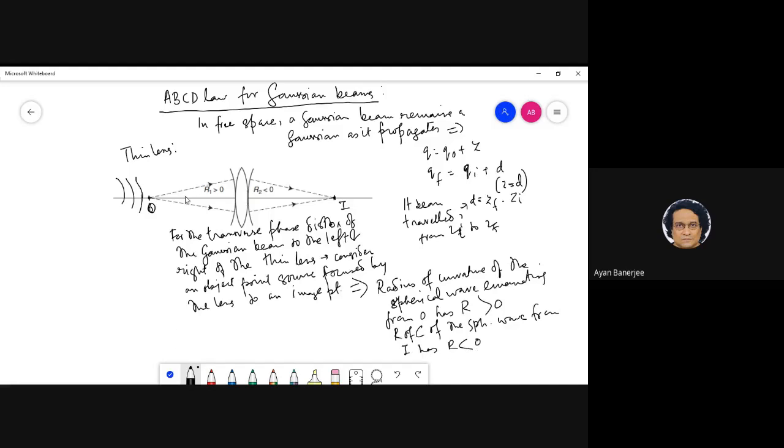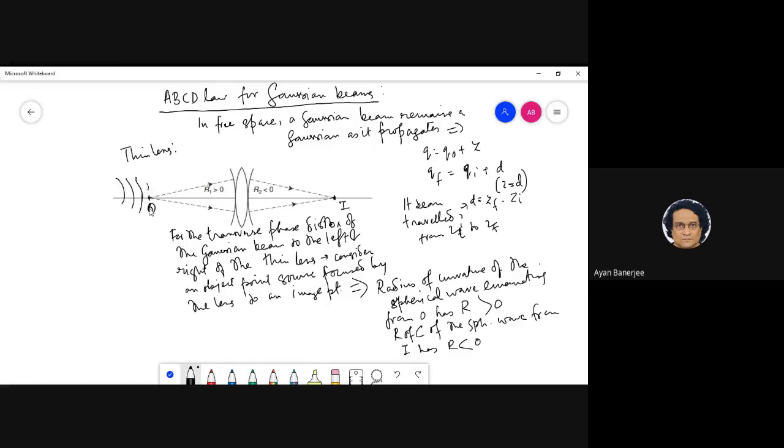And it is also clear to you that if this is the object distance, then the radius of curvature at the surface of the lens, that is here, is actually equal to the object distance, right? That is also very clear.